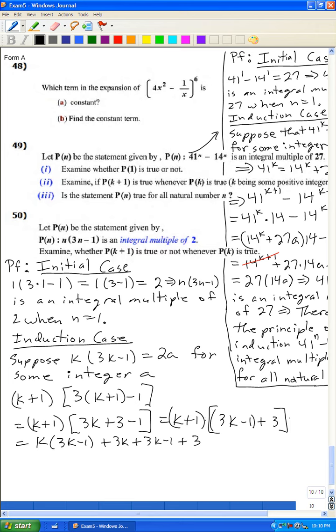Okay, so just multiplying this out, I get that. So this is equal to 2a plus 6k plus 2, which is equal to 2 times a plus 3k plus 1.